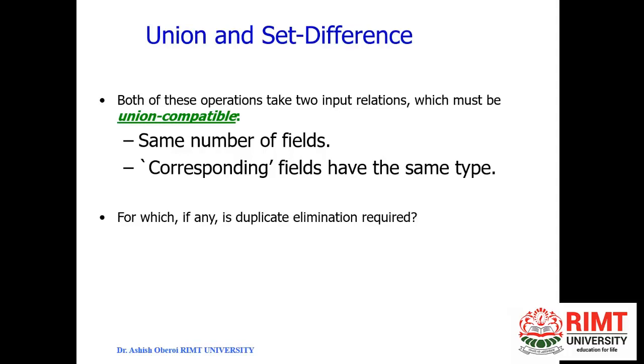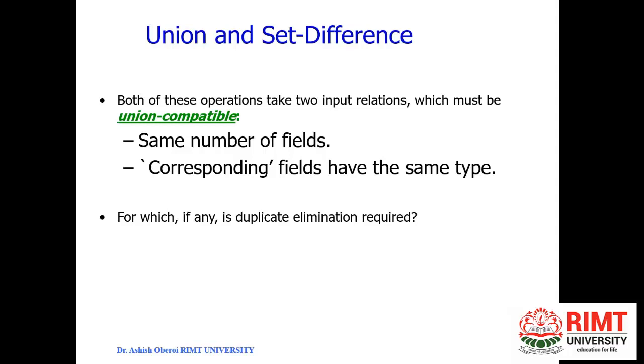Then only we can say it is union compatible, and also the data types of all fields must be the same type. Clear? So before we do union and set difference operations, we need to check whether these two relations are union compatible or not.